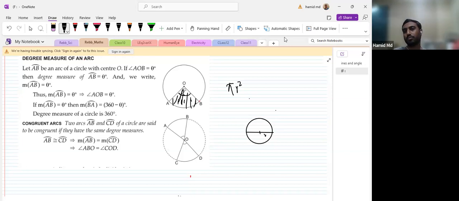Radius is small r; it is very small, you can't see it, it's okay. What will be the area of the upper part? It will be a reflex angle to find the area. I'm only asking what will be the area of the upper part of the circle. I already forget what a reflex angle is.